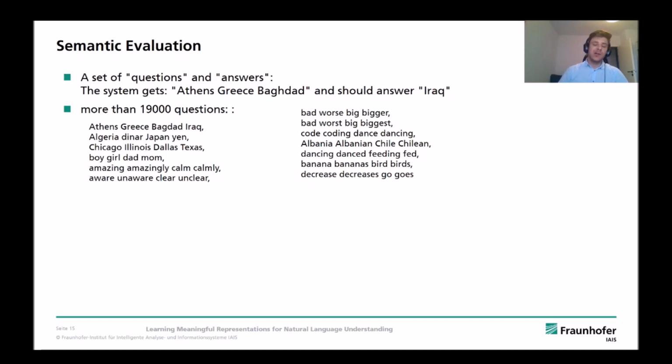And in early papers after Word2Vec was released, such relationship questions were used to evaluate the quality of word embedding representations. And they would be composed of questions such as Athens is to Greece as Baghdad is to Iraq, for example. And these benchmark data sets contain more than 19,000 such questions.